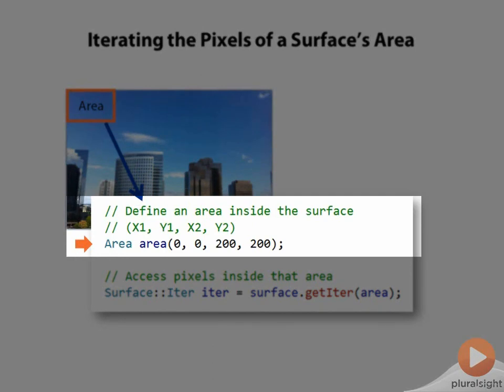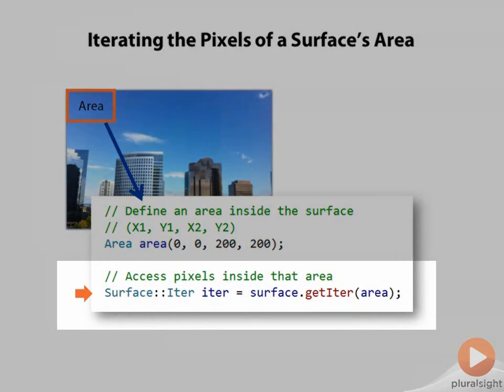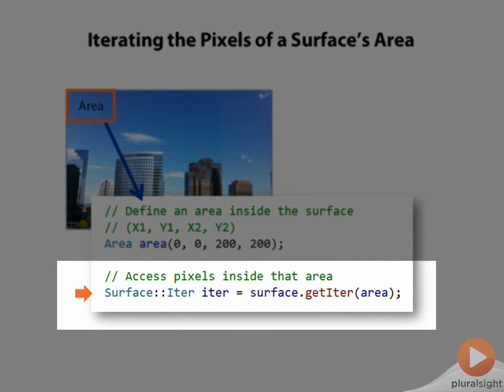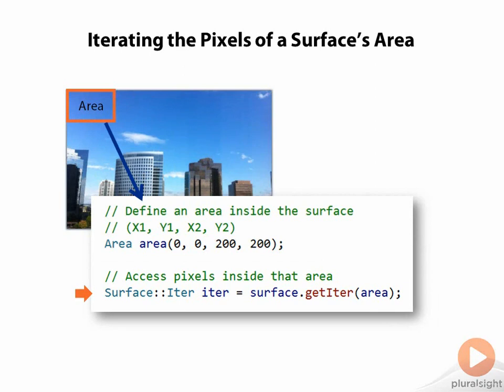This sub-area is defined by its left top and right bottom pixel coordinates, as we can see from this code snippet. Then, we can call the getIter method of the surface class, passing the area object defined above. The iteration loop remains the same as the one showed in the previous slide.